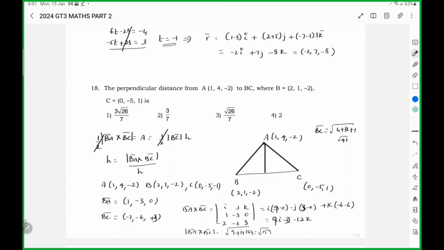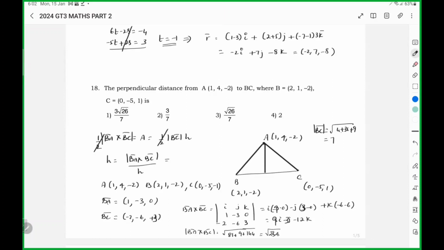So here it is root of 81 plus 9 plus 144, 90 plus 234, right?